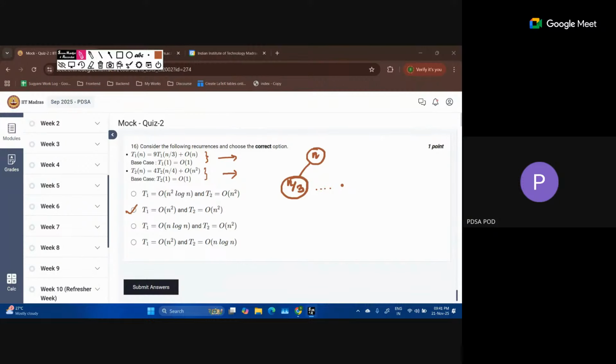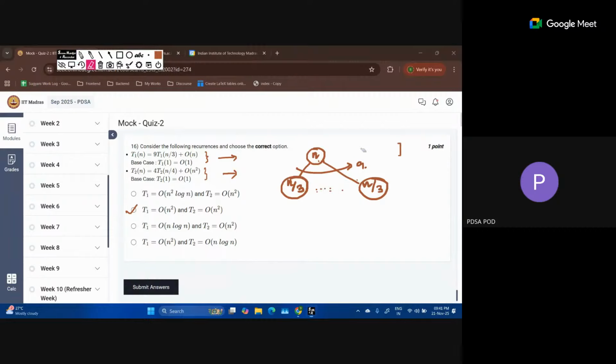In the first list we have n integers, so we will have the node with length n in the first part. Then we are dividing this into 9 parts, each of size n by 3. Each of them is taking order n.